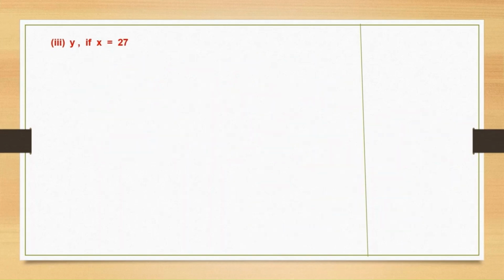Question 3. Here we are asked to find the value of y this time, and they've given us the value of x. So what is the question given to us? 4x plus 3y in brackets is to 3x plus 5y is equal to 6 is to 7.